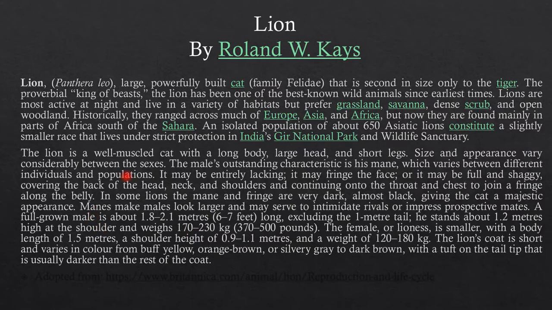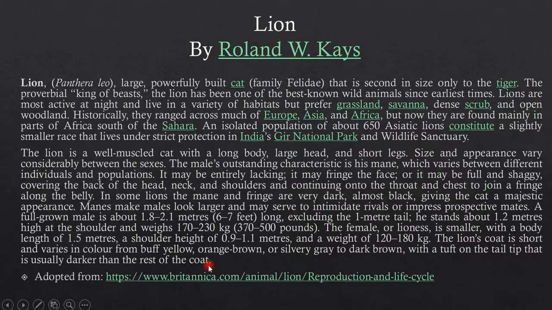And the female or the lioness is smaller with a body length of 1.5 meters, a shoulder height of 0.9 to 1.1 meters, and a weight of 120 to 180 kilograms. So that's the difference between the male and the female one. And this text is adopted from Britannica.